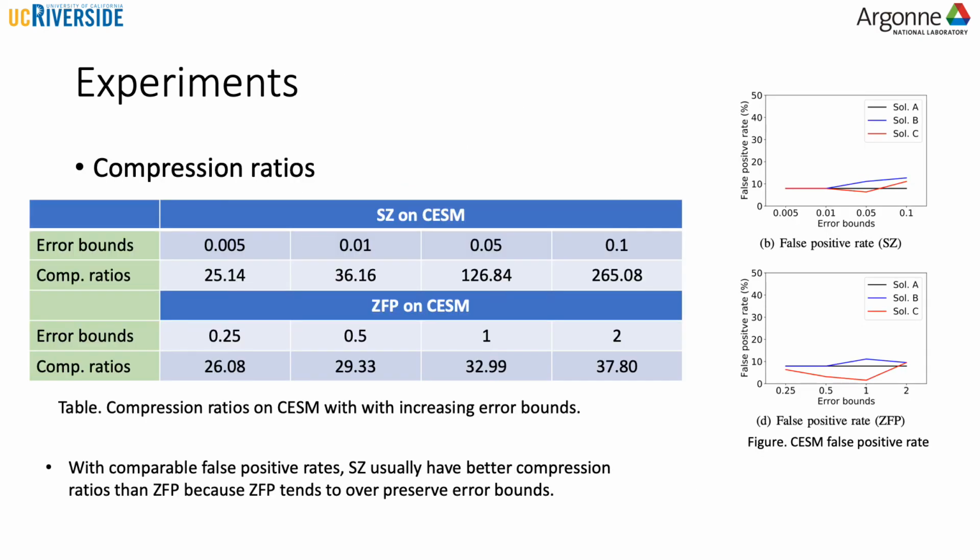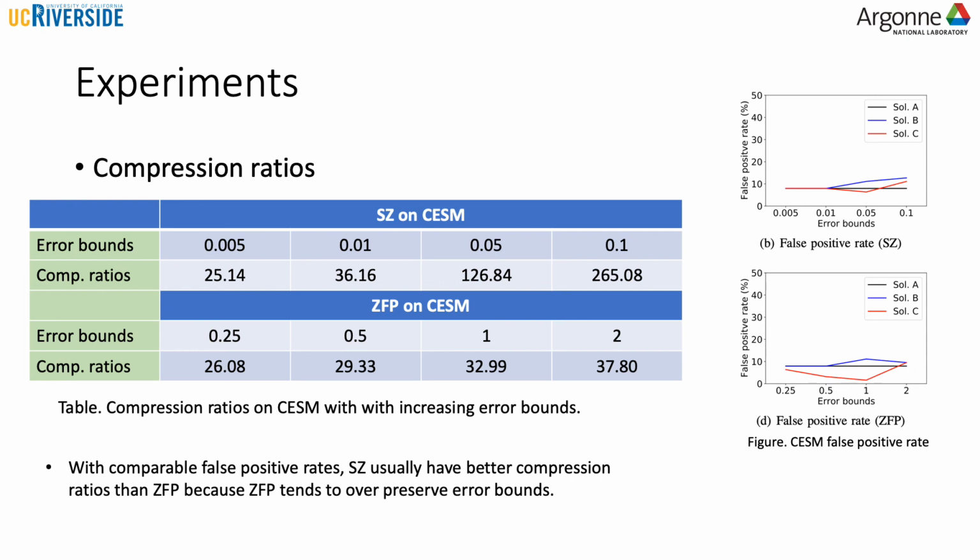Besides the performance overhead and detection accuracy, we also care about the compression ratios we can get. This table shows the compression ratios of SC and ZFP on CSM data with different error bounds. What we can get from the table is that with comparable SDC detection accuracy, SC generally has better compression ratios than ZFP.